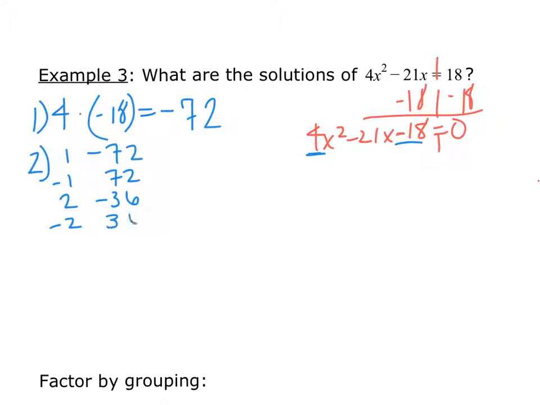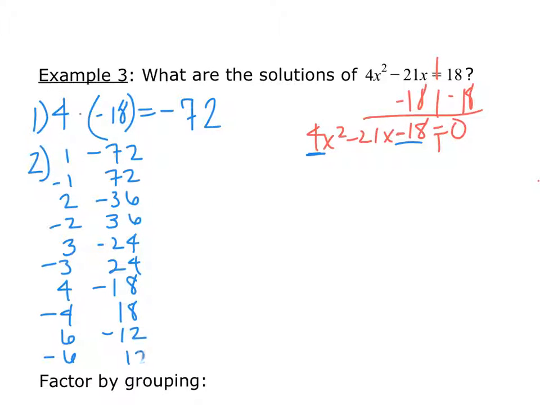Negative 2, positive 36. 3, does 3 go into 72? 24, so that's negative 3, positive 24. What about 4? 18, negative 4, positive 18. 5 doesn't. Does 6? 12, negative 6, positive 12.